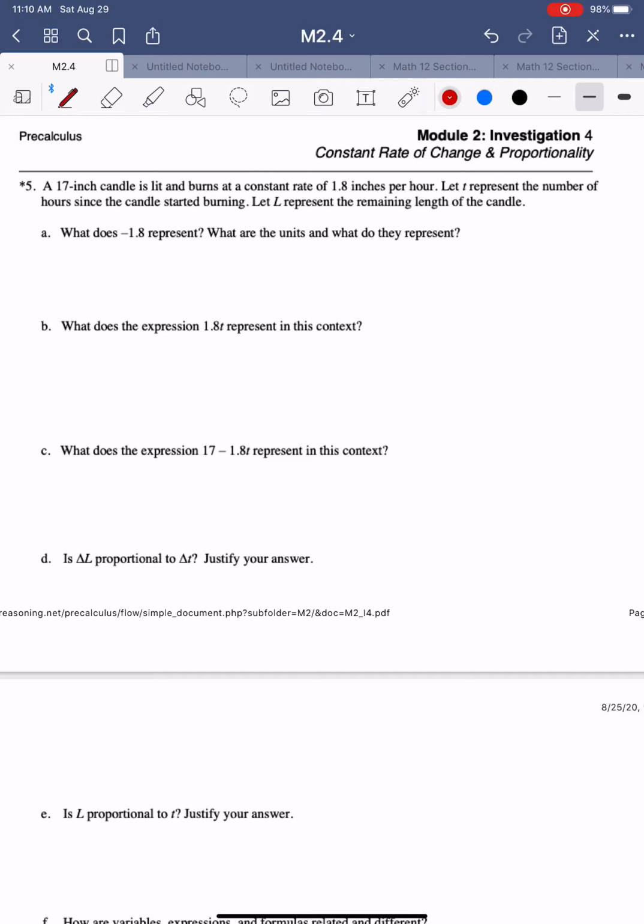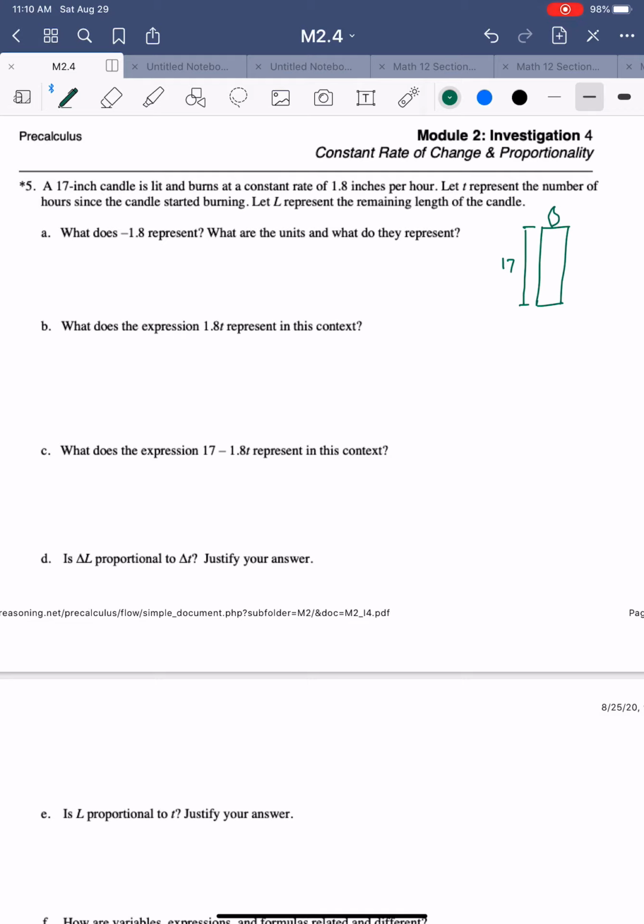We have a candle with a flame on it. The length of the candle, from here to here, was 17. Since it's burning, the length of the candle is reducing, and the reducing speed is 1.8 inches per hour.